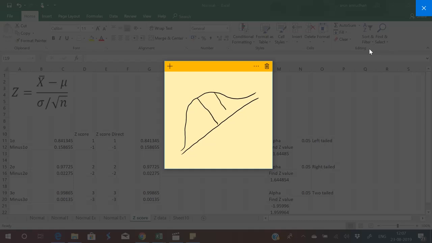There are one standard deviation, two, one sigma, two sigma, three sigma, and here it is minus one sigma, minus two sigma, and minus three sigma. We are going to find the z values at these points using different methods. Okay, so let us try that.